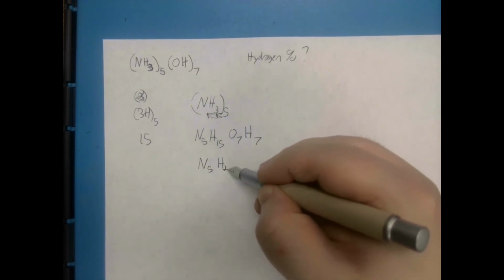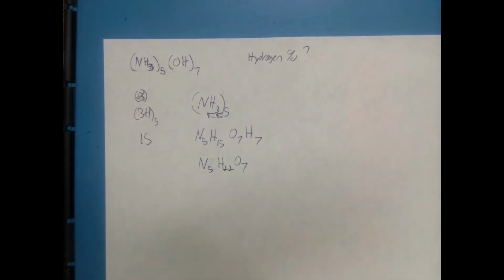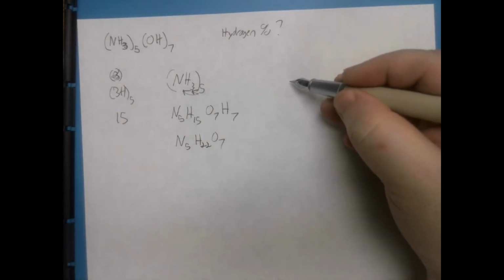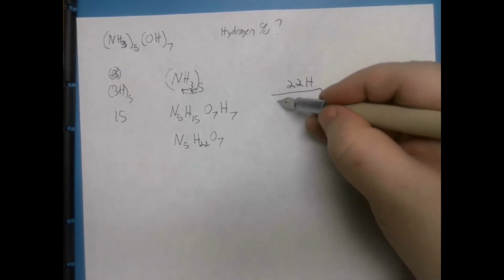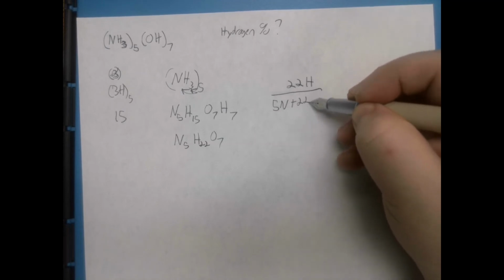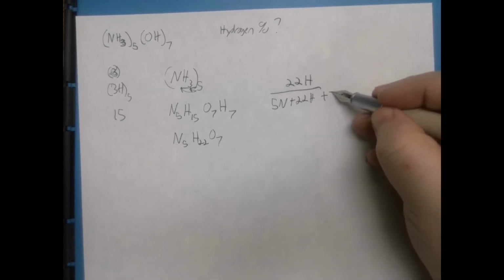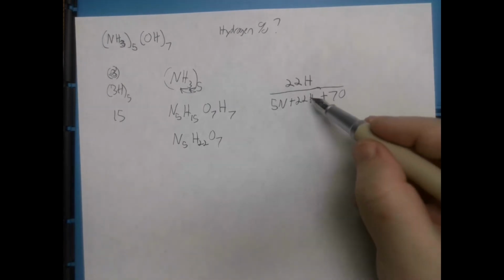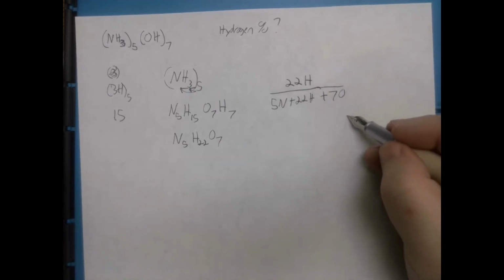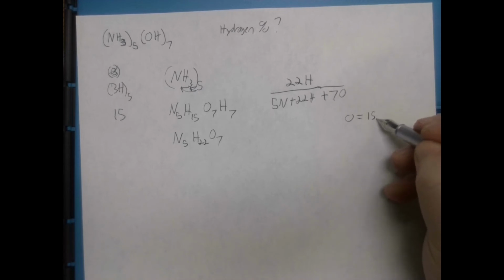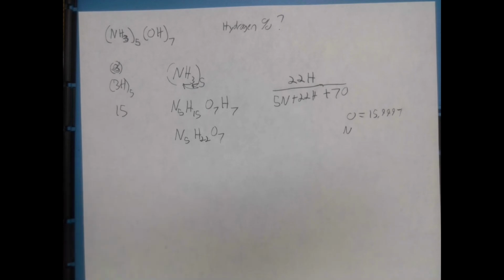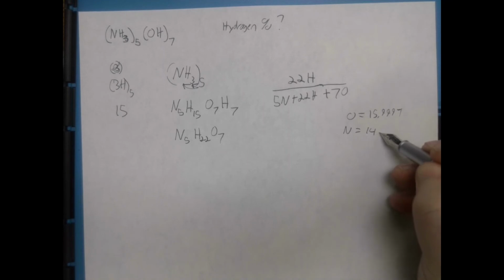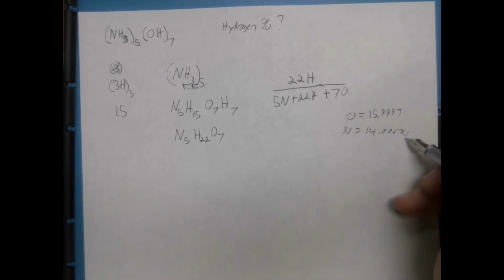So 22, like that. So the percent hydrogen would be 22 hydrogens over 5 nitrogens plus 22 hydrogen plus 7 oxygen. And you just need to look up what the H, the N, and O is. O is equal to 15.9994. Nitrogen, if you look at the periodic table, was 14.00674.